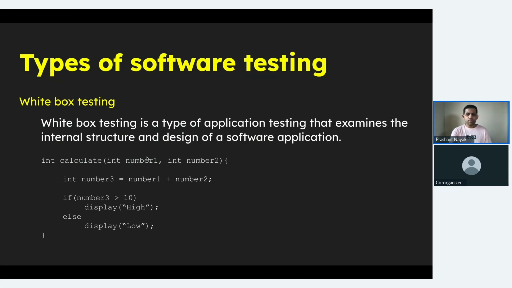Maybe like -1, -2 as number one and number two, and see how exactly the output is displaying. Maybe I'll pass a string here for number one and some decimal value for number two and see if it is throwing an error or not. All those stuff, I'll test as part of the white box testing. Okay, so white box testing is specific to the code.